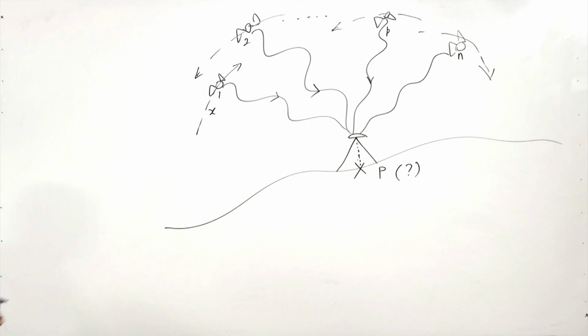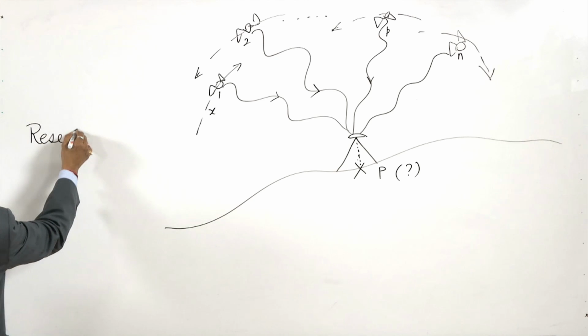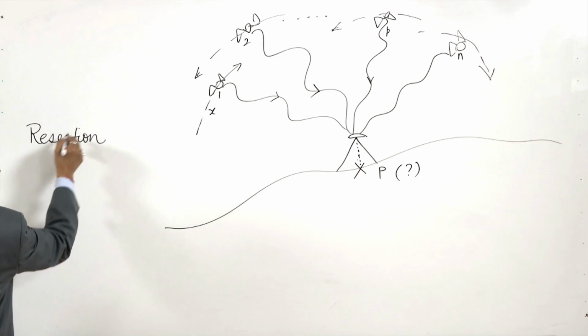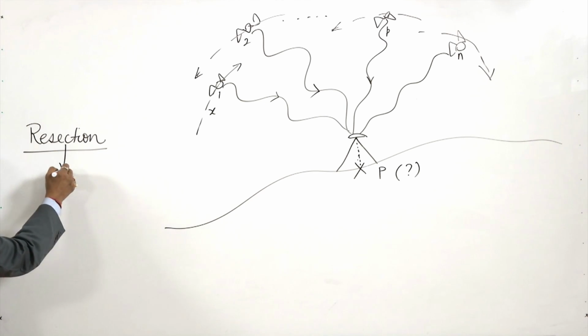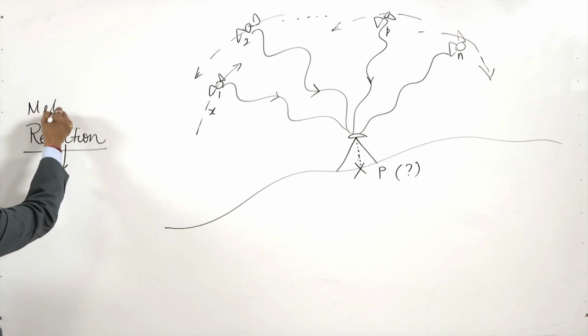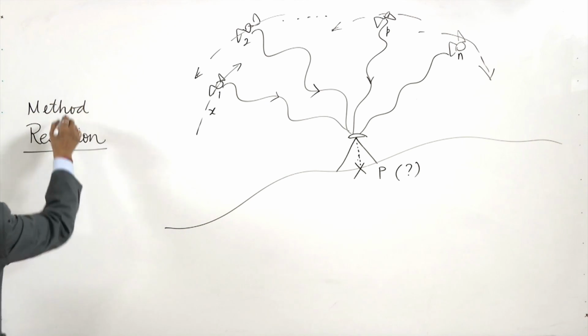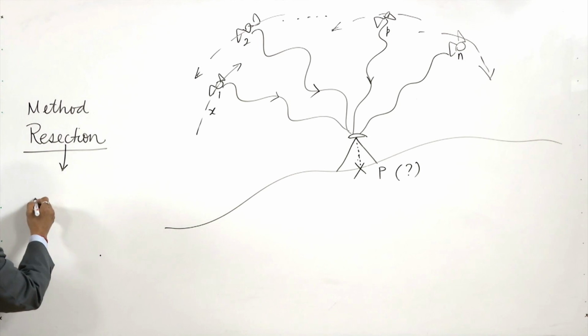In surveying, those who have studied surveying know this term resection. And what is this method of resection? In the method of resection we determine the unknown position from known positions.